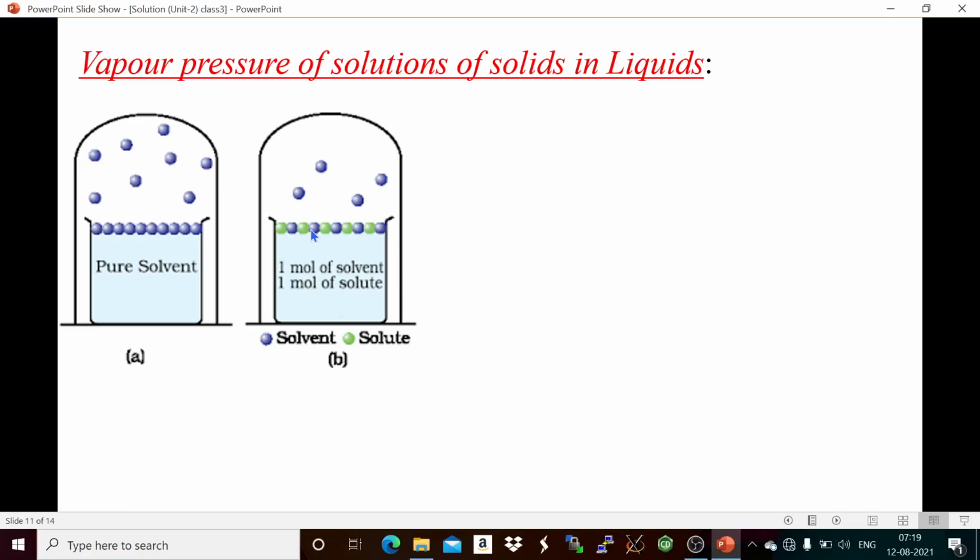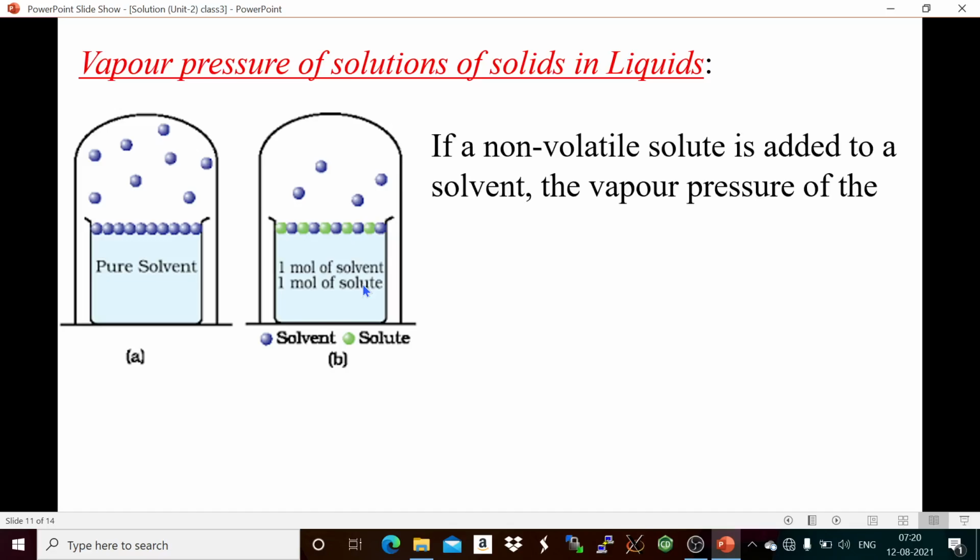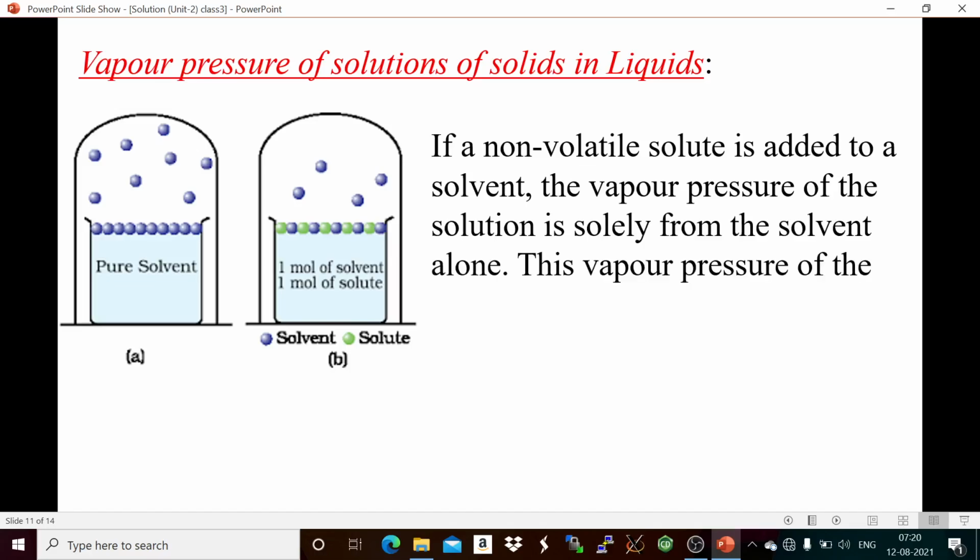In the solution, the vapor pressure is due to only the solvent molecules, because the solute is non-volatile. So the vapor pressure of the solution is due to the contribution of the solvent, not due to solute molecules. If a non-volatile solute is added to a solvent, the vapor pressure of the solution is solely from the solvent alone.